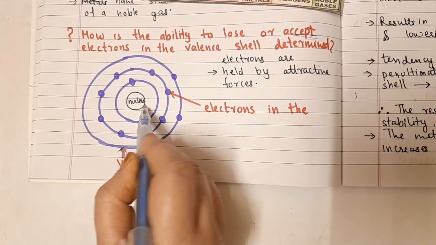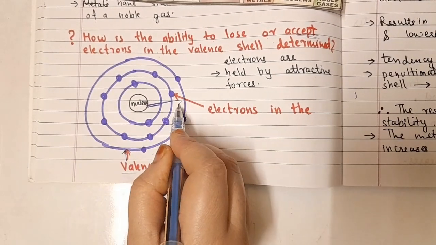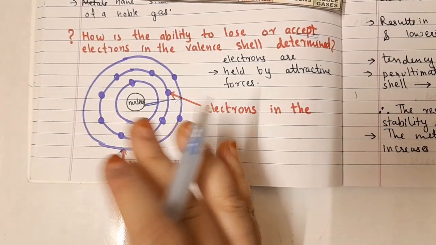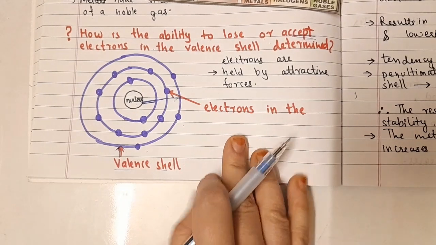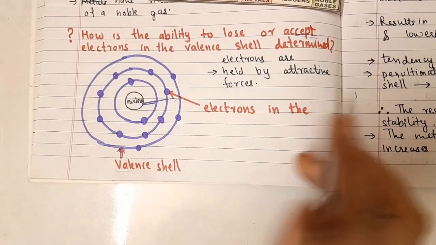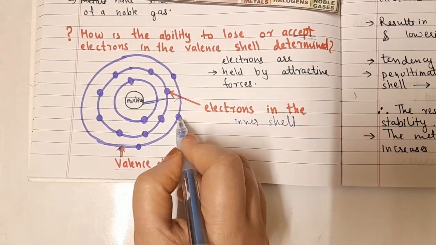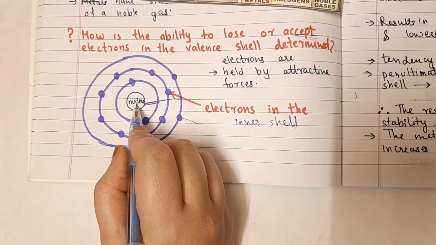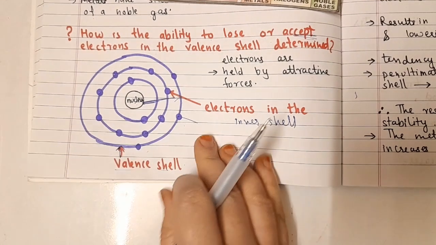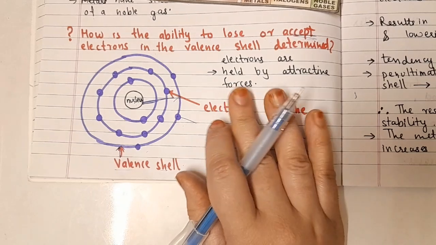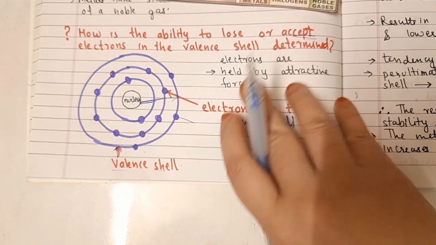The electrons in the inner shells lie between the valence shell and the positively charged nucleus, and because of their presence, the effective nuclear charge exerting an attractive force on the valence electrons is somewhat less than the actual nuclear charge.